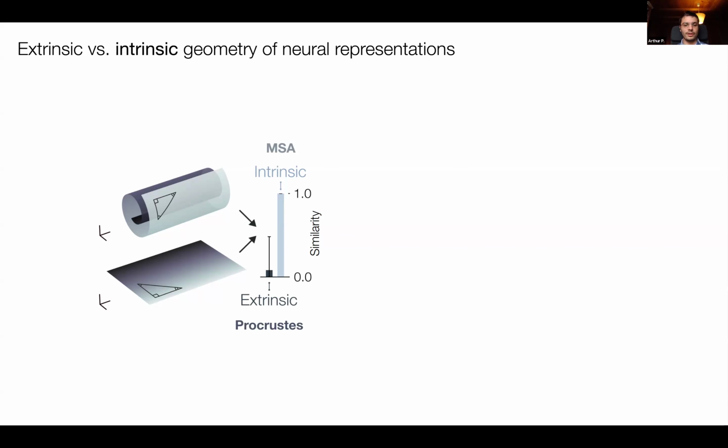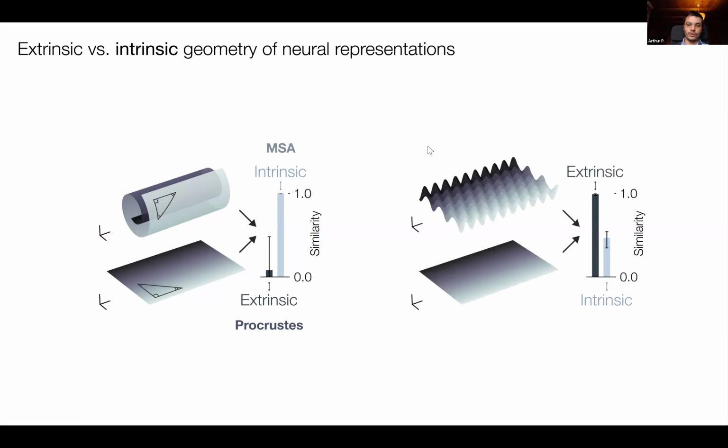And to be slightly more concrete, by extrinsic geometry, what I meant here is Procrustes, so aligning and then measuring the Frobenius norm or the Euclidean distance. And by intrinsic, I meant MSA, which is the new method that we are proposing and that I will explain next. And it turns out that the converse is also true. So you can find examples of manifolds whose intrinsic geometry is very similar, but whose extrinsic geometry is quite dissimilar.